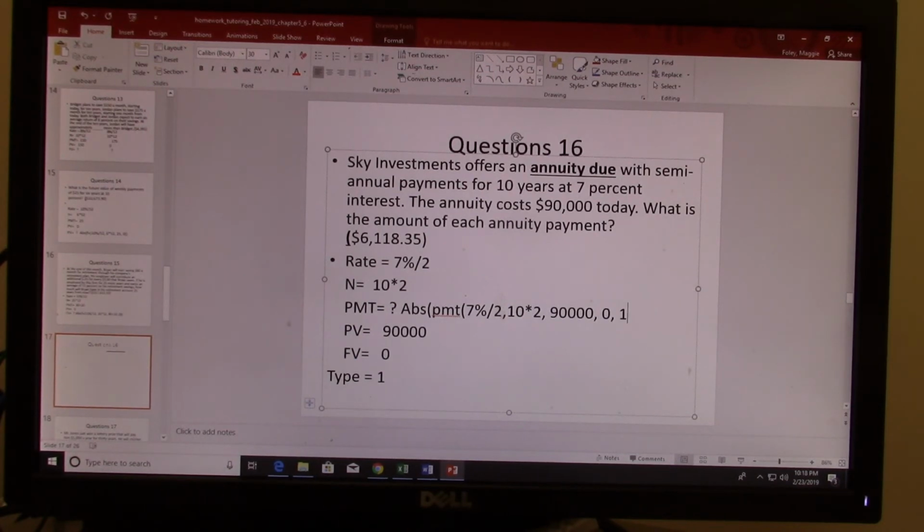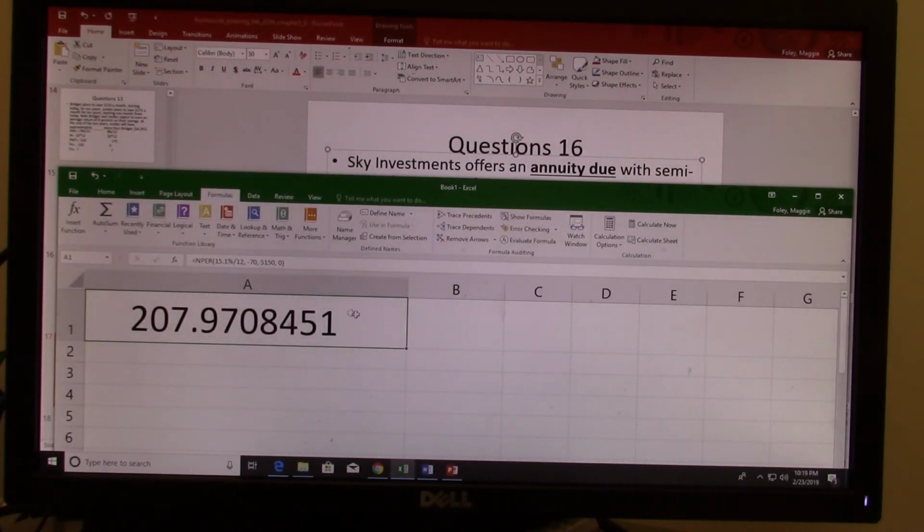However, add another one, 1. And you see how many variables we have now? This is the rate, this is NPER, this is PV, this is future value, the last one, this is type. And we should get the answer if we copy it into Excel.